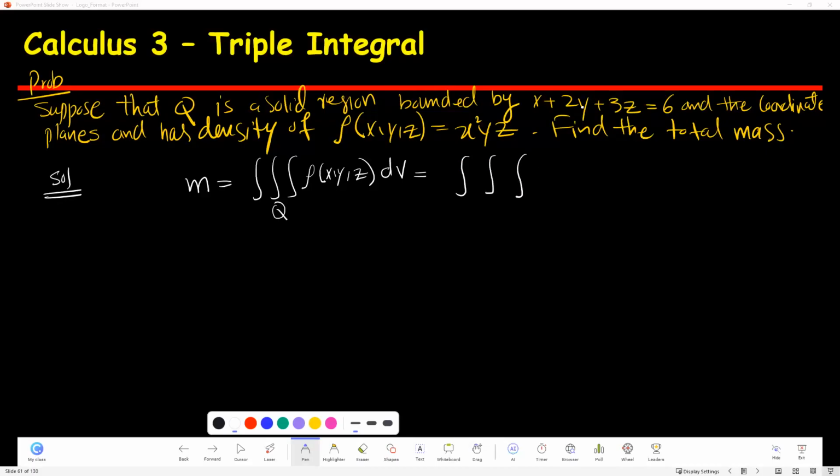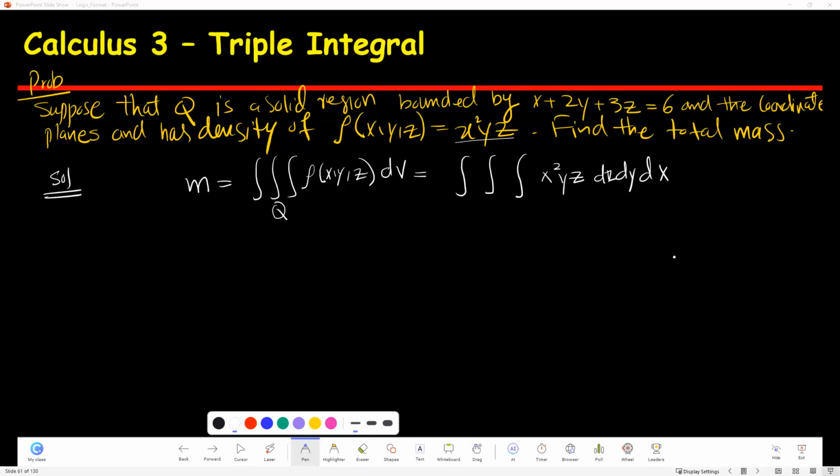My density function is given right here, so it's x squared y z, then dz dy dx. I'm going to just set it up. Now it's pretty much an integral just like we used to have.